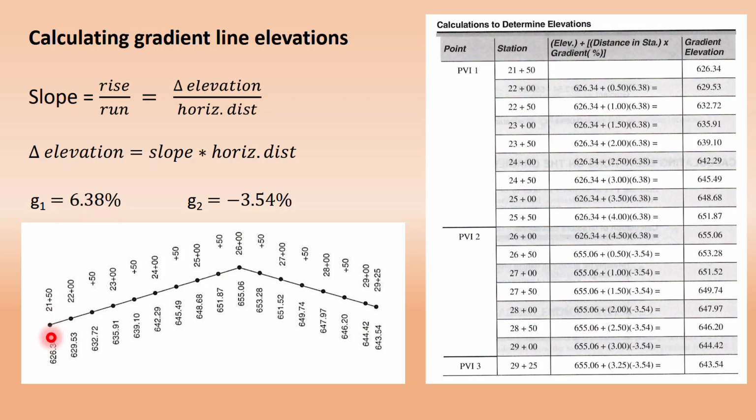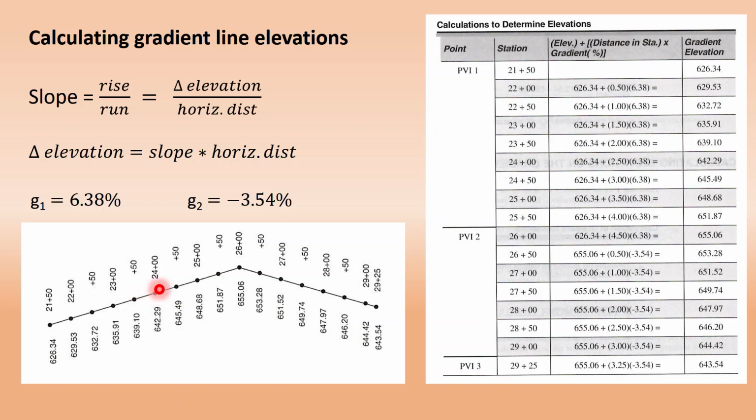If you know the elevation that you're starting at, and you need to calculate the elevation of a point 50 feet away, that's half of this number, 3.19 feet difference between this point and 50 feet away. Or if you're going every 100 feet, then it's 6.38 feet. Really, really easy. So what a lot of people prefer doing is starting at a known elevation and then simply adding that common interval, right?